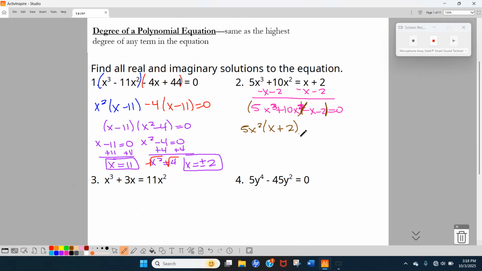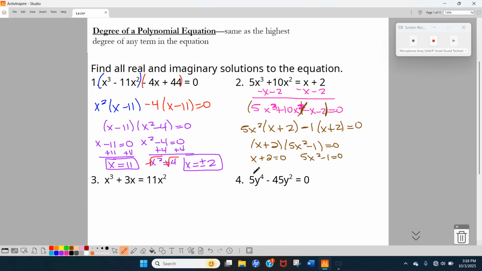So take out a negative 1 and you have x plus 2. So then you have x plus 2 as matching parentheses, 5x squared minus 1. Now this one you can't factor anymore. So just set your factors equal to 0 and solve.